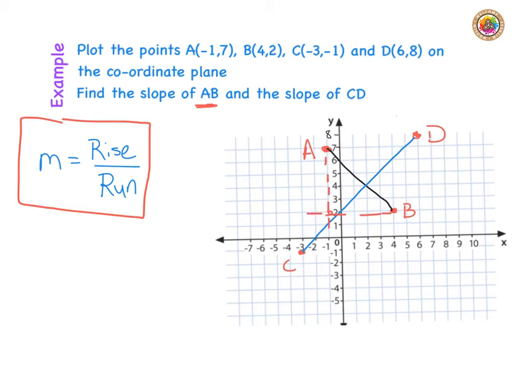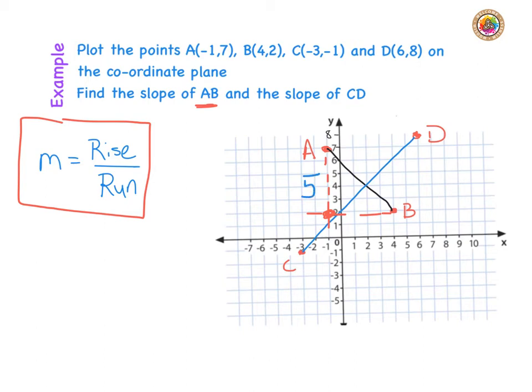I can see here, this is where those two lines intersect. Now just counting up, they intersect here at 2, all the way up as far as 7. So there's 1, 2, 3, 4, 5 boxes, or 5 units there. So that's my rise, or my change in height.